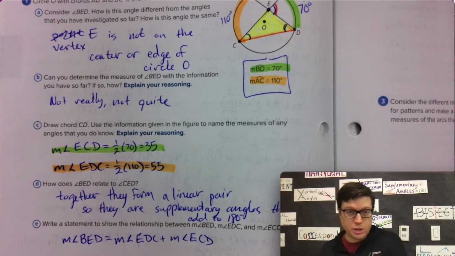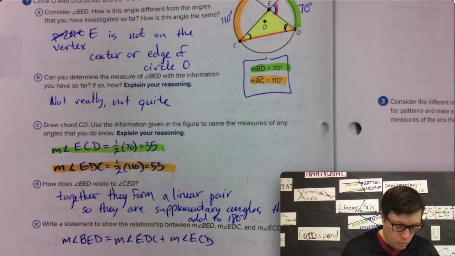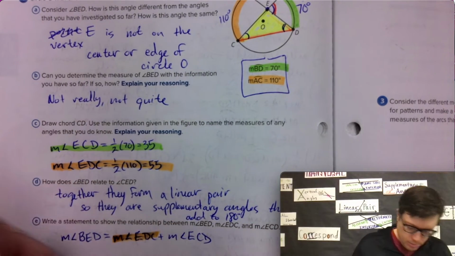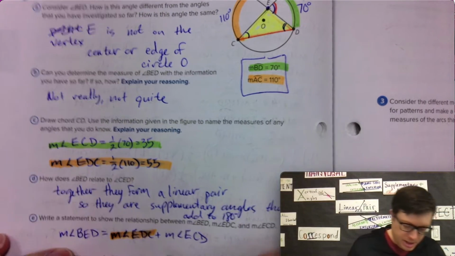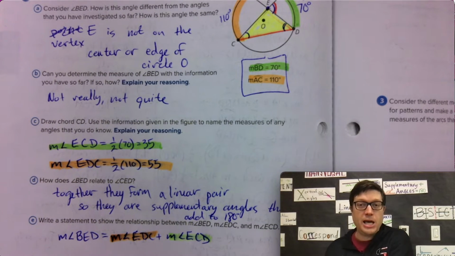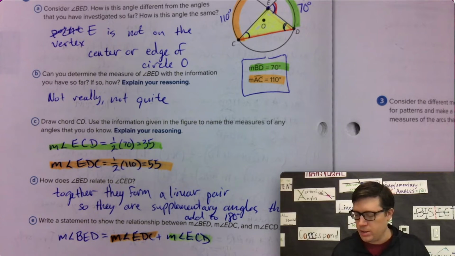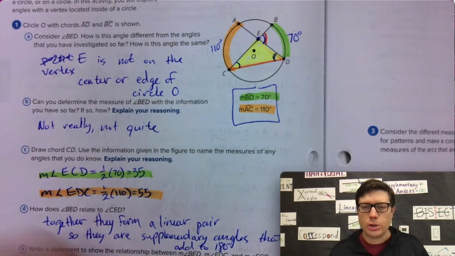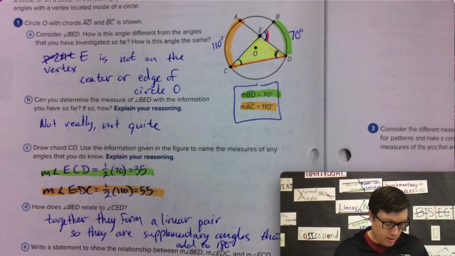Some highlight colors just to remind you: EDC was orange and ECD was green. By adding those two angles together, we're able to say how big the angle we don't know is. It's not 55, it's not 35, but it's something between. It's got to be around the 70 mark.